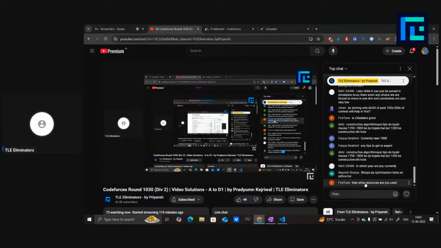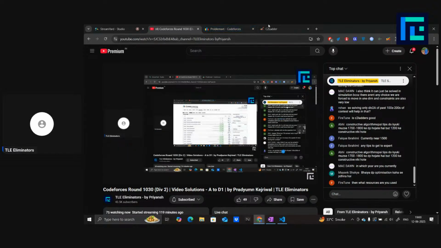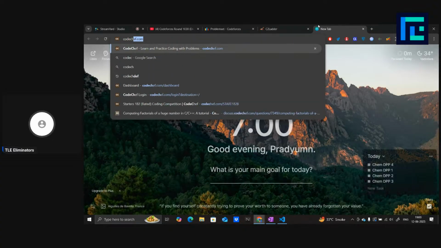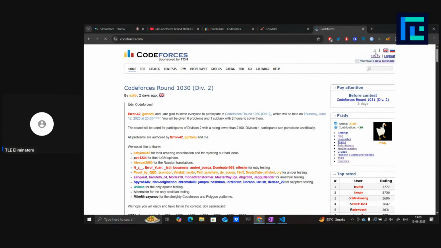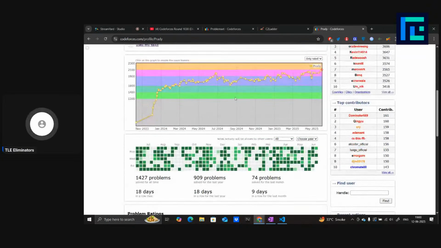What I used, to be honest, I just did randomized problems only. As you can see, for quite some time I was stuck at CM. I was stuck at CM for a very long time, from July 2024 to May or June 2025.